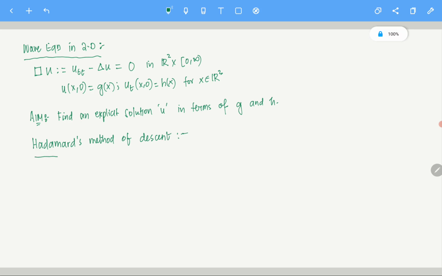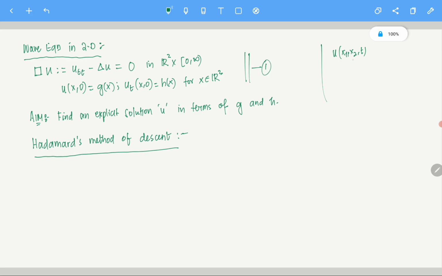As the name suggests, you realize what we are trying to do here. First thing first, we will think of this problem in R3. Do you understand? Here you see u depends on x1, x2 and t. This u, for this problem, let's say that problem is 1.